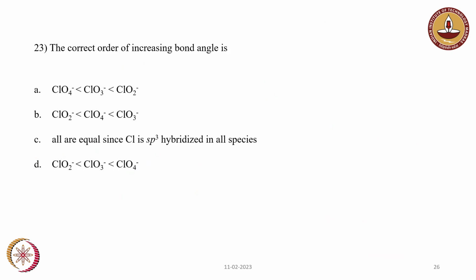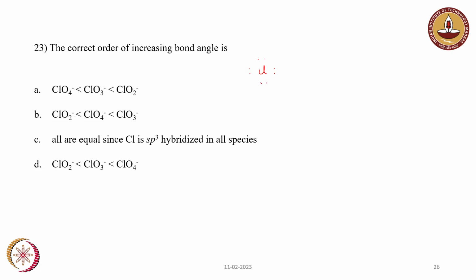The next question is the correct order of increasing bond angle is. So there are 3 molecules, ClO4 minus, ClO3 minus and ClO2 minus. So chlorine has 7 valence electrons, and in all of them there is one negative charge. So if we include it in chlorine, it will become 8 valence electrons.